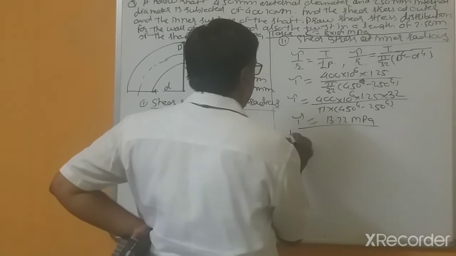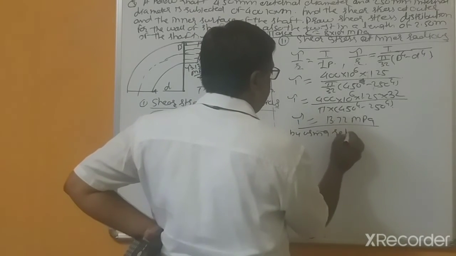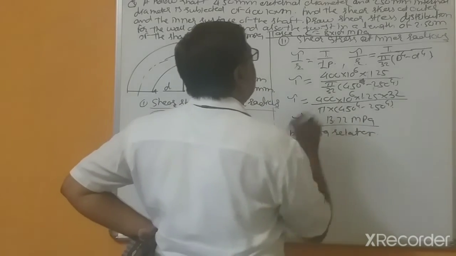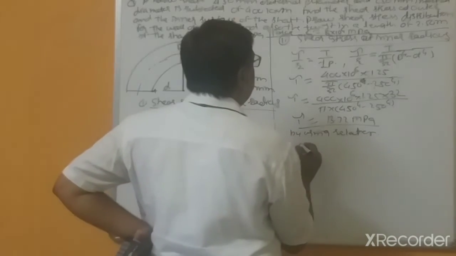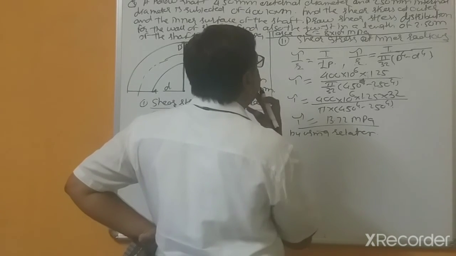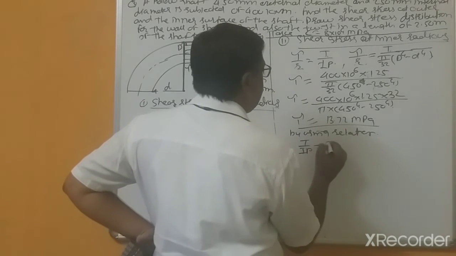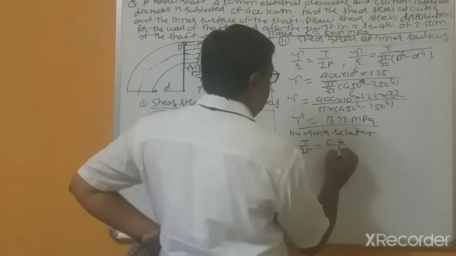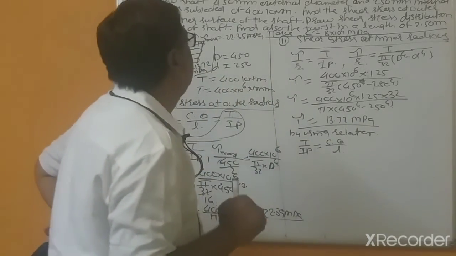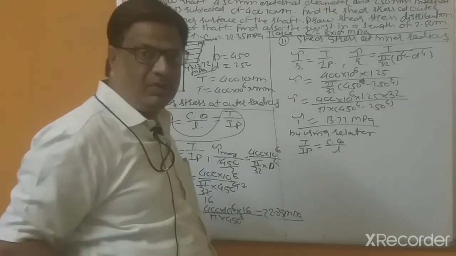So now by using a relation, which relation will we use? T divided by polar moment of inertia, and this is C theta divided by L, because the torque is given. So according to that we will calculate.